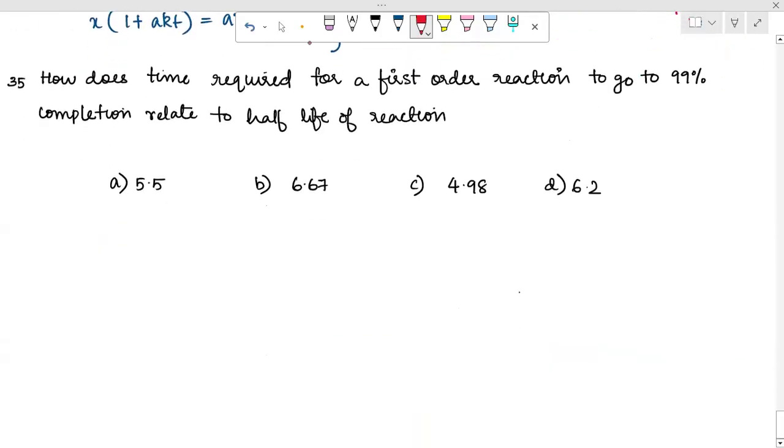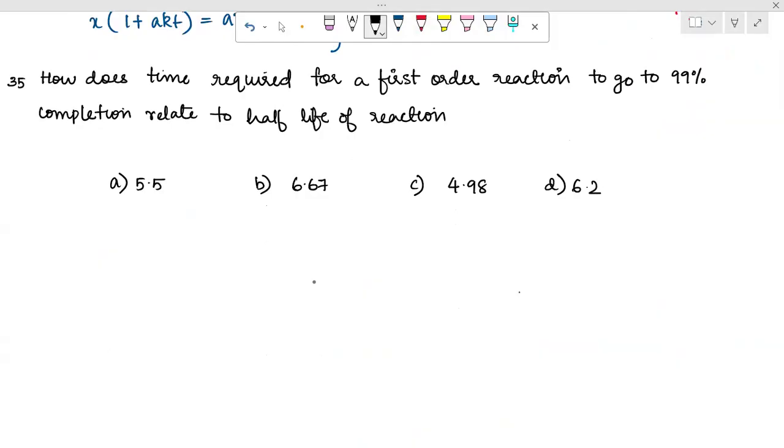Okay. Last question. It's an easy one. How does the time required for a first order reaction to go to 99% completion relate to half-life? So see what the question is. Listen to what the question is.